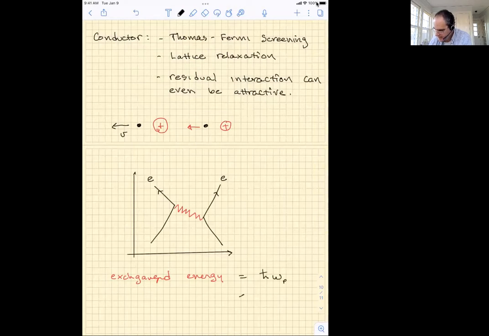And so in particular, it must be less than or equal to the energy of the most energetic phonon. The frequency of the most energetic phonon is called the Debye frequency, or omega sub D. So the exchanged energy must be less than h bar omega sub D.